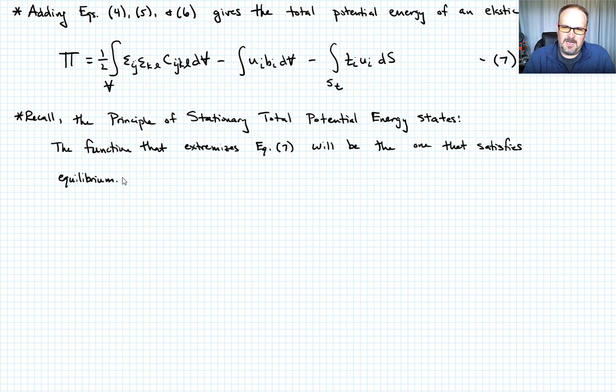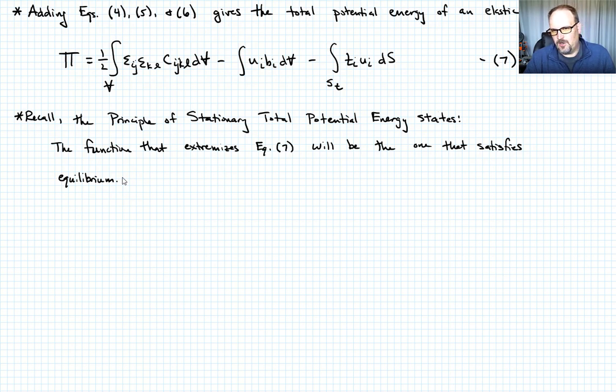We can define equilibrium in its strong form, which you can get just by doing a force balance on a volume element. But we showed many lectures ago that we can also take that strong form and convert it into a weak form. The weak form of equilibrium is often defined as the principle of virtual work.